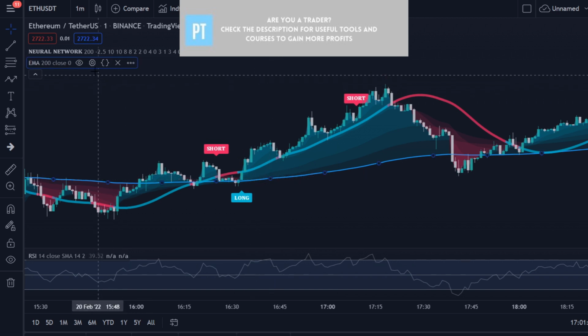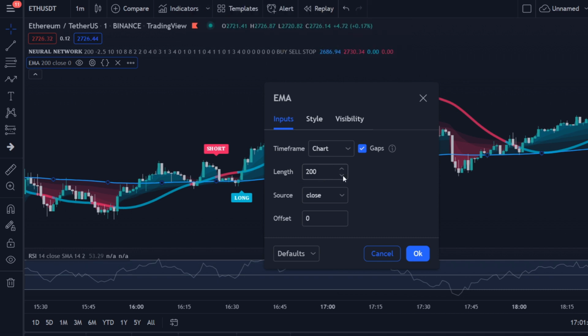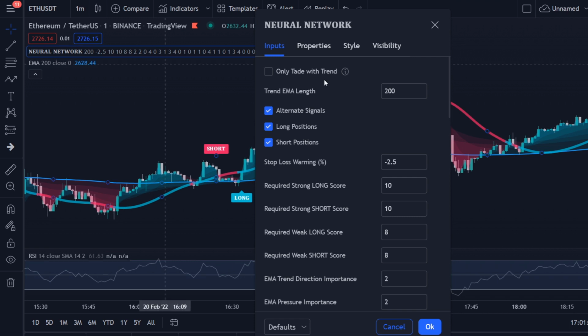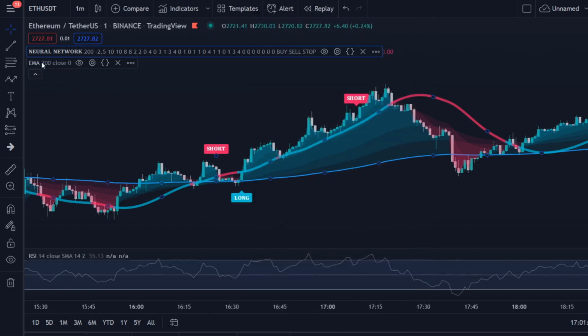The reason why I said you can use the 200 exponential moving average, but it's not really necessary, is because the neural network indicator also shows the exponential moving average, and it's set at 200. As you can see, when you go to style, over here you can enable the exponential moving average to 200. So it's not really necessary to also have this one.